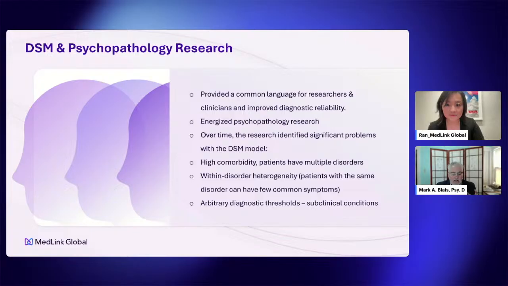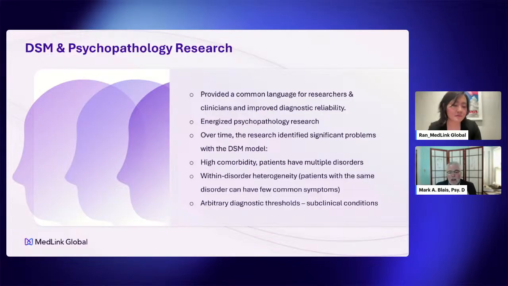It hasn't all been bad. In fact, the DSM was a substantial improvement over the previous systems that had been used, which had really been more local systems. It provided a common language for researchers and clinicians. So a researcher studying depression in Massachusetts could know that they were studying the same form of depression as somebody in California.